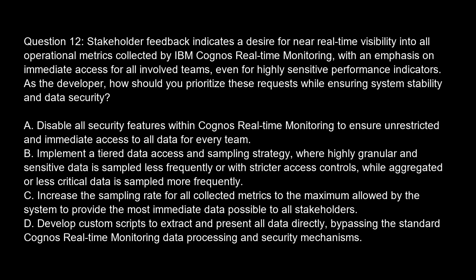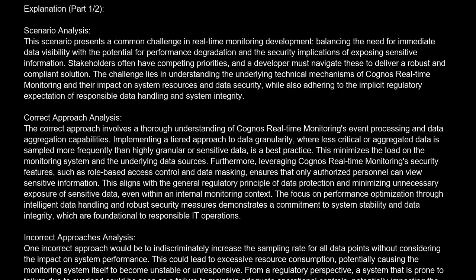Option C. Increase the sampling rate for all collected metrics to the maximum allowed by the system to provide the most immediate data possible to all stakeholders. Option D. Develop custom scripts to extract and present all data directly, bypassing the standard Cognos real-time monitoring data processing and security mechanisms. The correct answer is B.